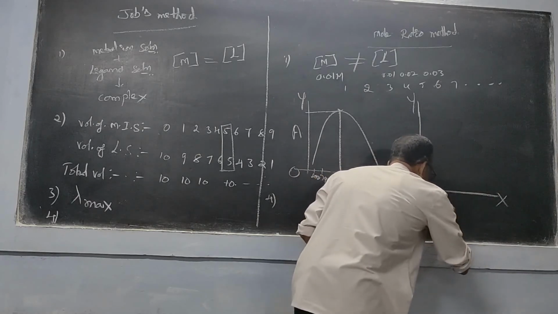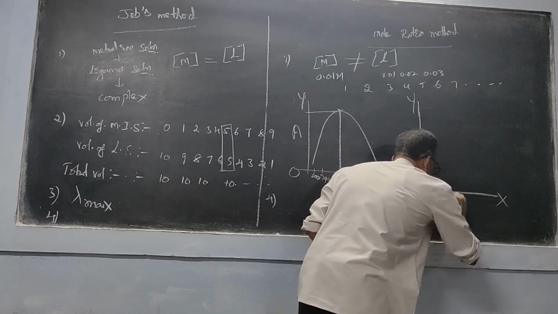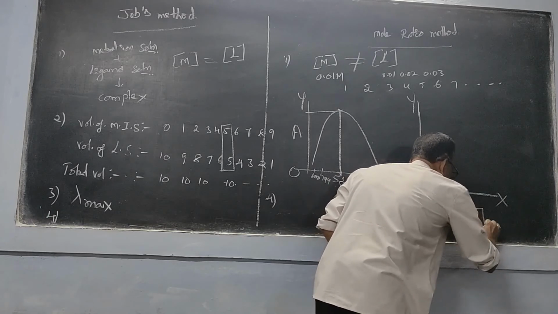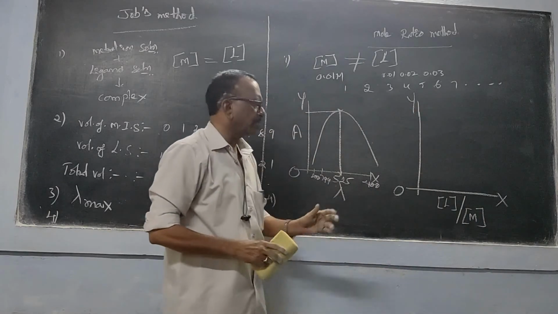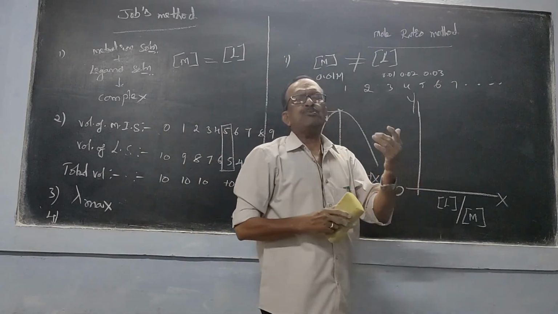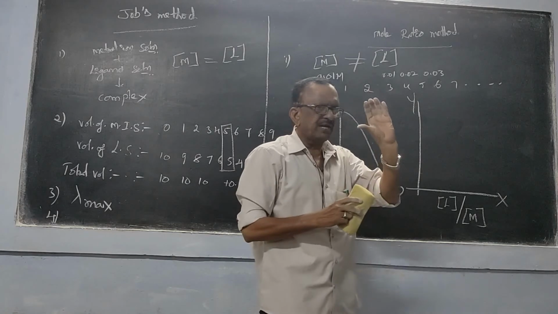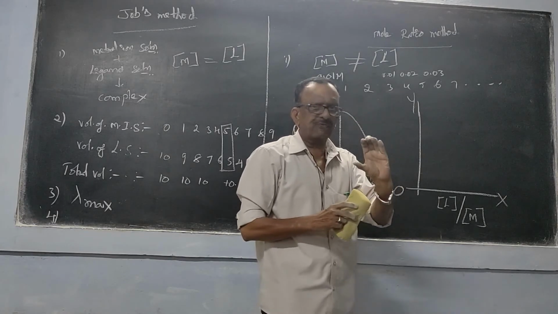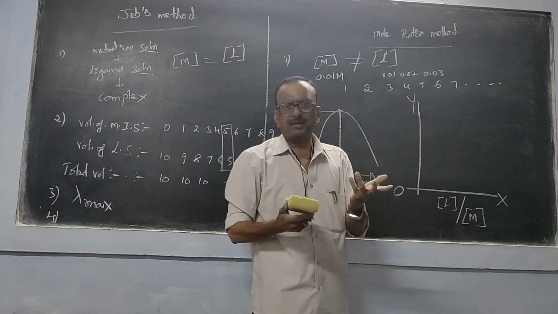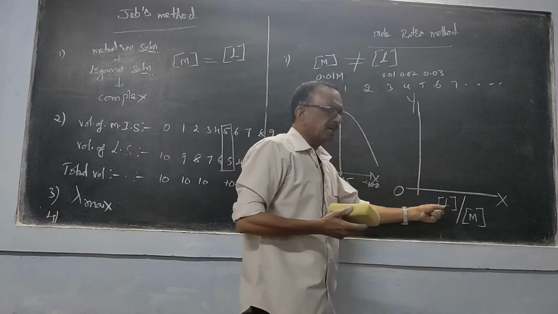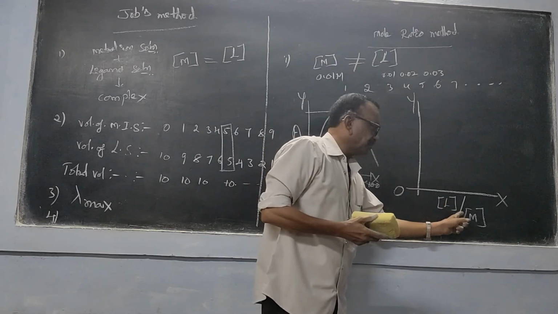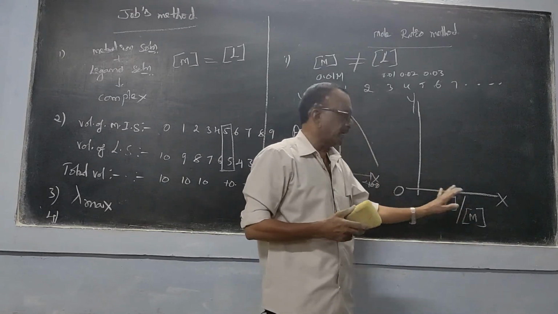Here we are taking the concentration of ligand by the concentration of metal ion solution, that is the mole fraction of ligand solution by the mole fraction of metal ion solution, which is nothing but n.